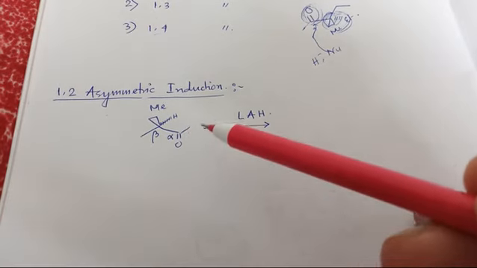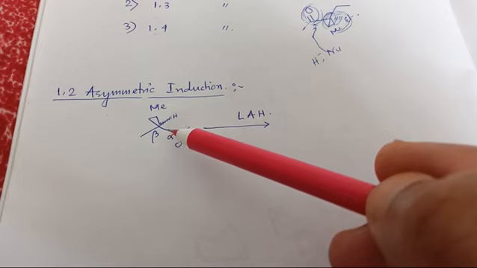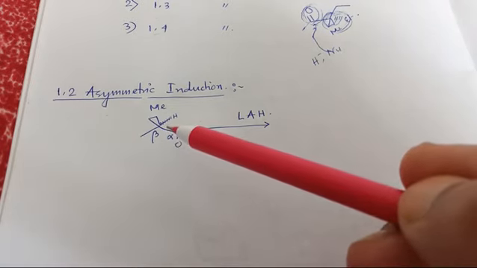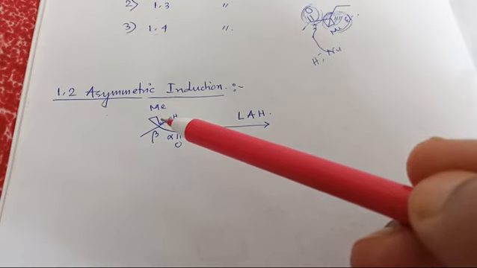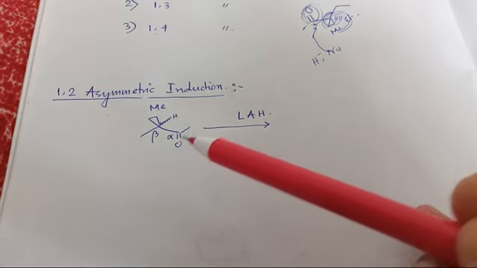It is also called 1-2 carbonyl induction, and at the alpha position there is a chiral center. So 1-2 asymmetric induction basically happens when there is a chiral center at the beta position, or 1-2 position, with respect to that prochiral carbonyl center.